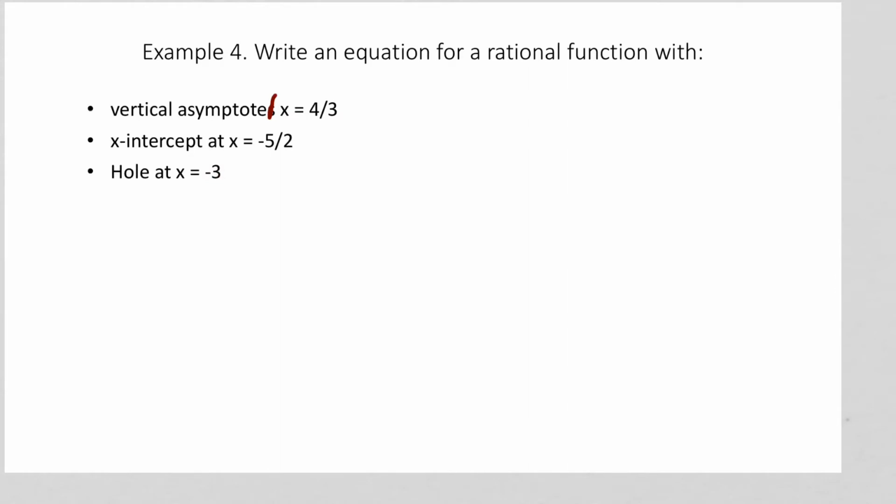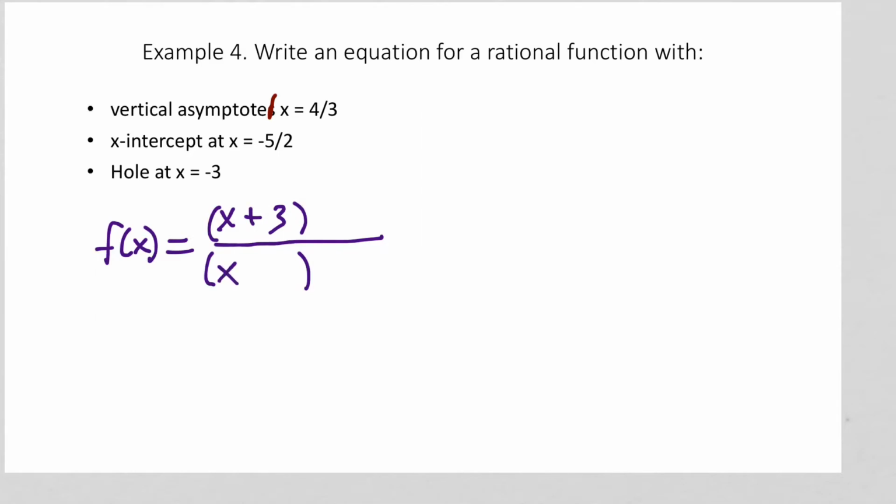So we know f of x is going to have a numerator and a denominator. Well, if it has a hole at x is equal to -3, then it means there's a matching factor, top and bottom, x opposite sign. So x plus 3.